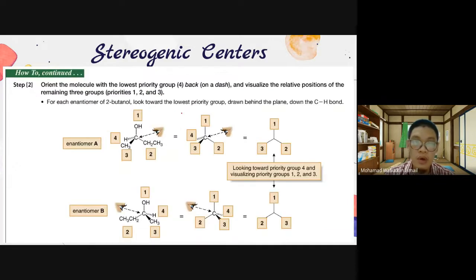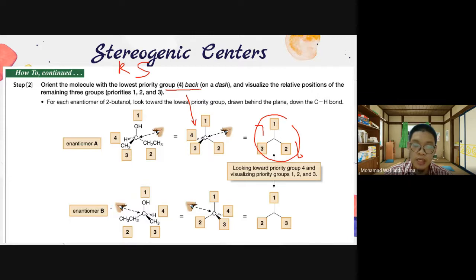Step 2, how to look at the rotation. First, put group 4 at the back. So you will look at number 1, number 2, number 3 only, and then the rotation is here.